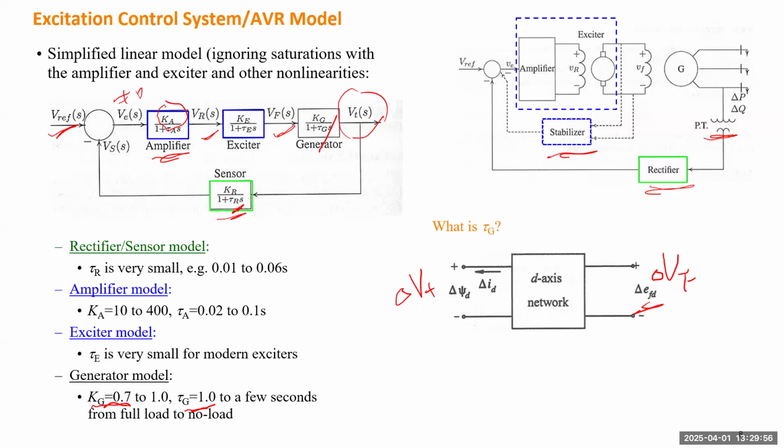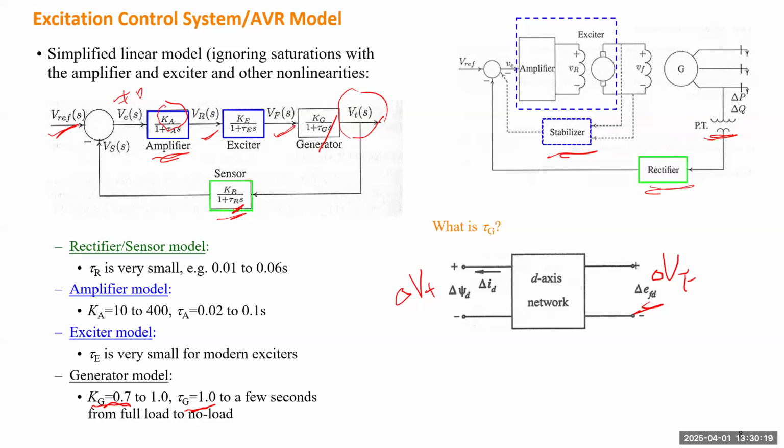Which one? So this is the D circuit. It cannot be the Q circuit, right? How many time constants do we have? We have TD0 prime, TD0 double prime, TD prime, TD double prime. So which two are actually on the bottom of the transfer function?